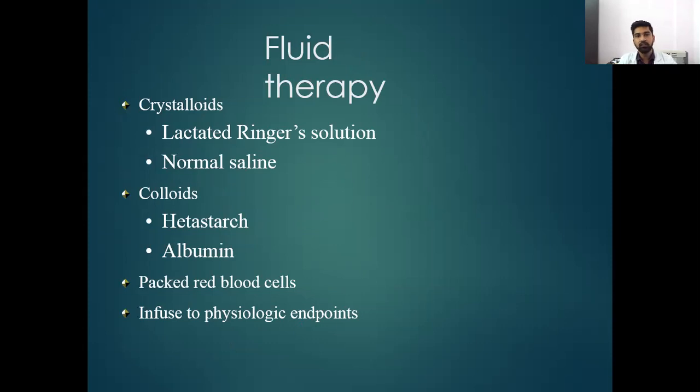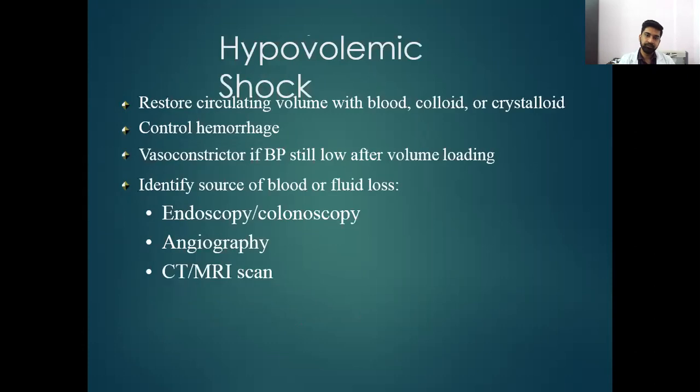Most commonly used fluids: Ringer's lactate, normal saline or NS, colloids, albumin, and packed red blood cells. In case of severe blood loss, blood loss greater than 3 units, or sometimes lesser. In case other renal parameters are affected, infuse to physiological endpoints.